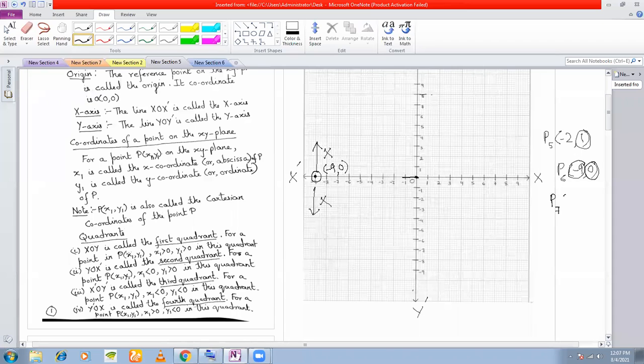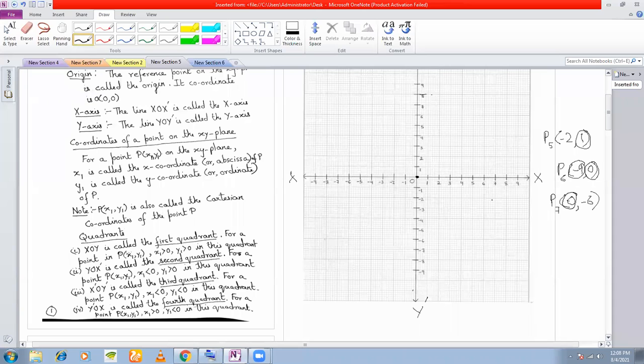Yes, sir. Let us say we have to plot another point, (0, -6). How do we plot this point? Again, we start from the origin. Look at the x coordinate. What is the x coordinate? 0.